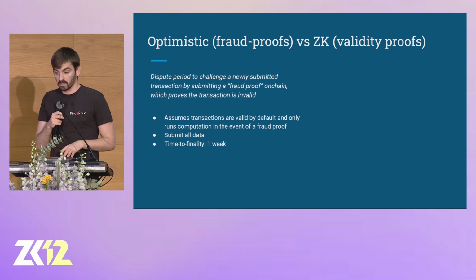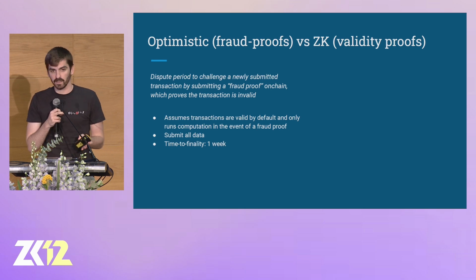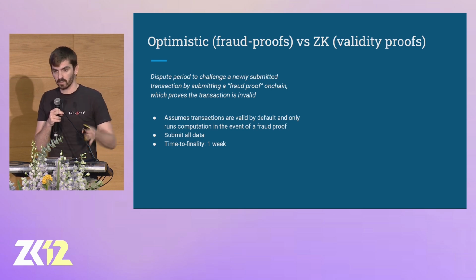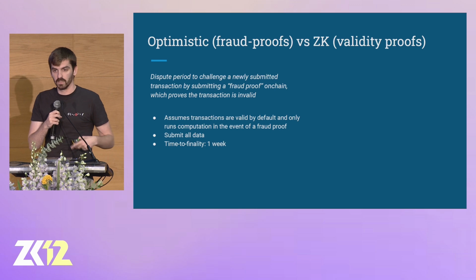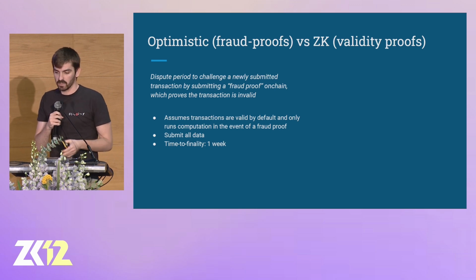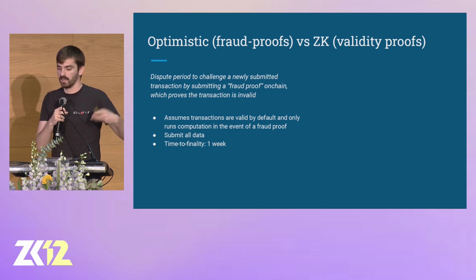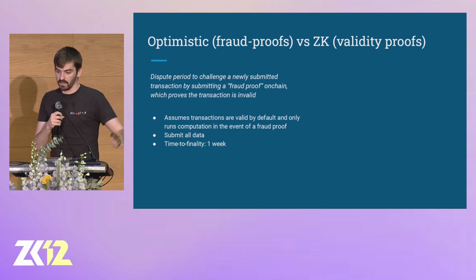And they have to submit all the data, and typically they have a quite long finality period, because you have to give, at the moment it's 1 week, for observers to make sure that they have checked all the blocks and to basically finalize completely the transactions of the blocks.